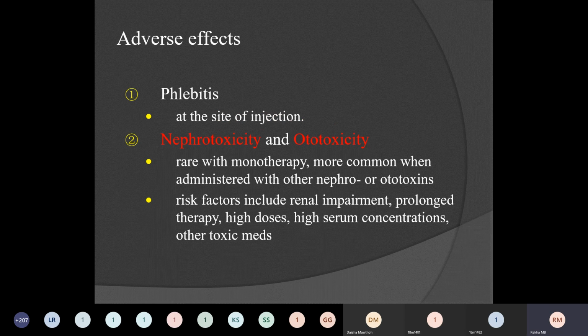Now, adverse effects. As I have told you, vancomycin is one of the most toxic drugs. When administered IV, it can cause pain at the site of injection. It can cause nephrotoxicity and ototoxicity, which are dose dependent, and the ototoxicity is irreversible. It can lead to permanent hearing loss.